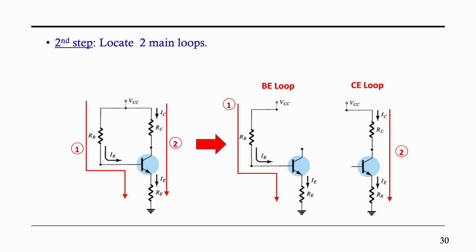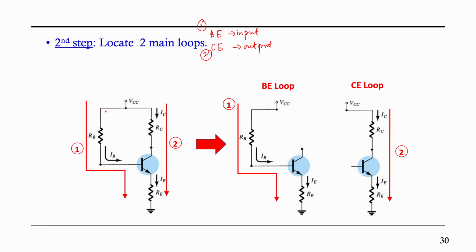Next, we need to locate the two main loops: the BE loop and the CE loop. The BE loop is the input loop, and the CE loop is the output loop. Always start with the BE loop, then only can we determine the CE loop. Remember the rules.